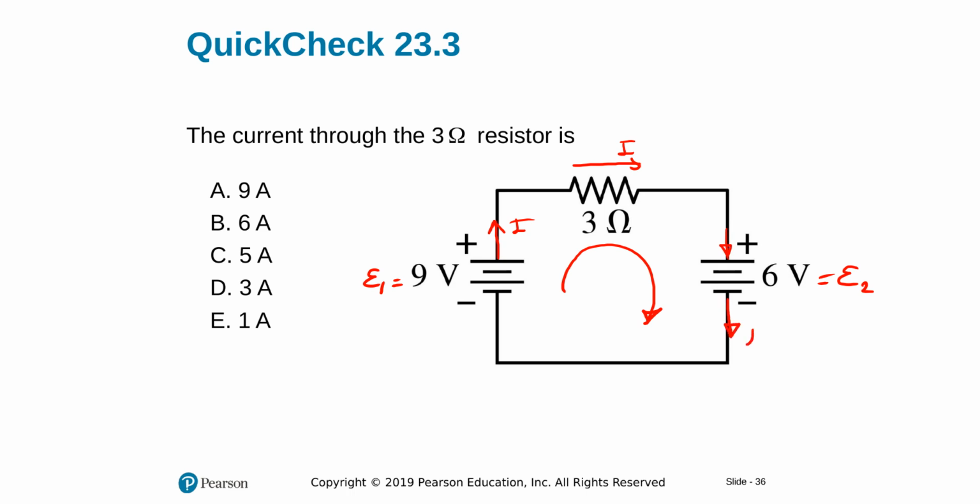The 6 volt would be trying to generate current in the other direction, but it's weaker, so the stronger power will win. That's what I'm guessing. If I'm wrong, I would find my current as negative, and I would just say it's in the other direction. I was wrong. So we choose a direction of the loop, and we apply the loop rule.